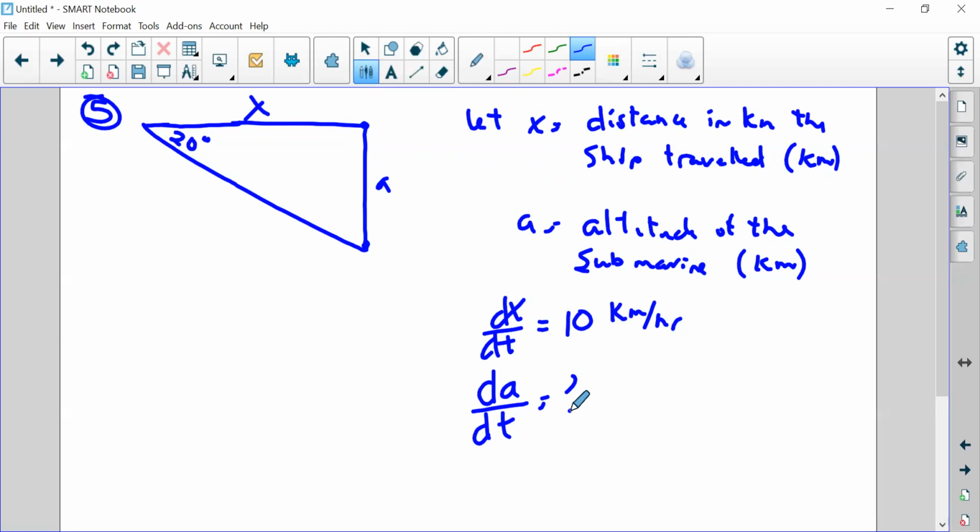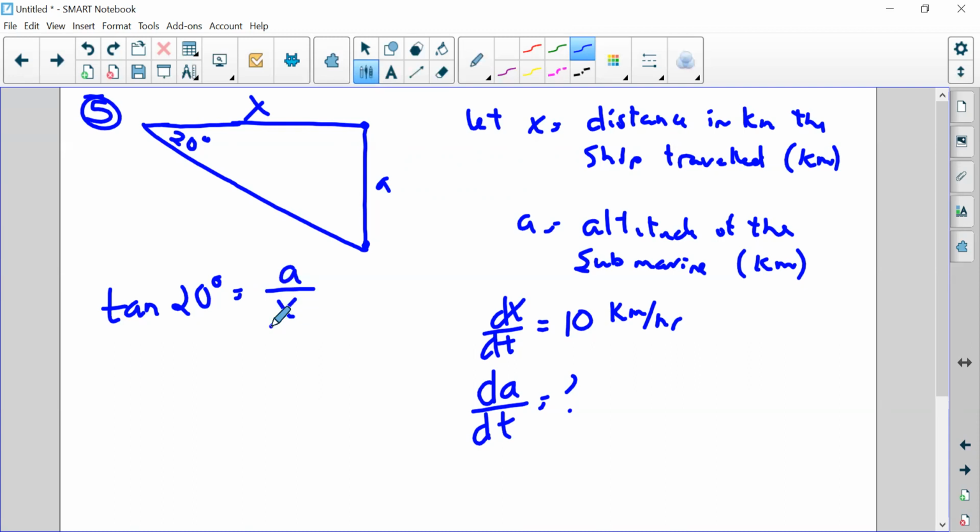So what equation could I use that could relate x to A? They gave us that 20 degrees for a reason. Think trig. Tangent. We know tangent of 20 degrees is equal to opposite over adjacent. So that's going to be A over x.